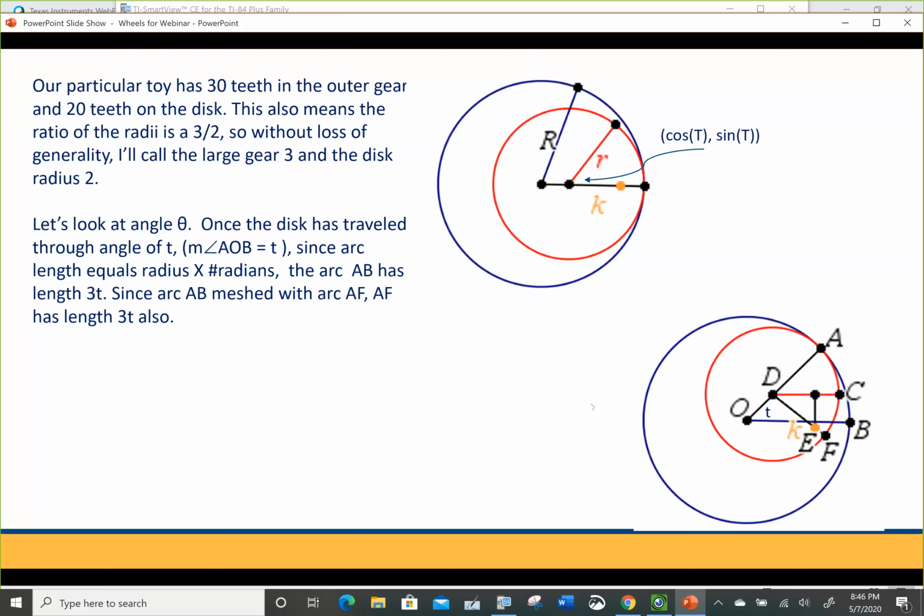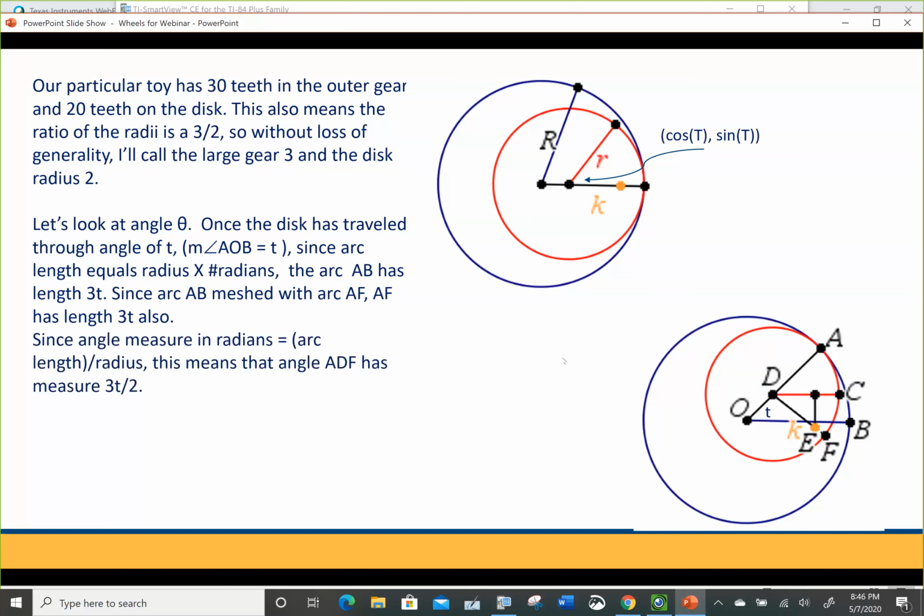All right, now, if this has length 3t, and I want to find out how large angle ADF is, I can take the arc length and divide it by its radius. So that's going to be 3t divided by 2. So that means arc AF has length 3t, but angle ADF is going to have measure 3t over 2.